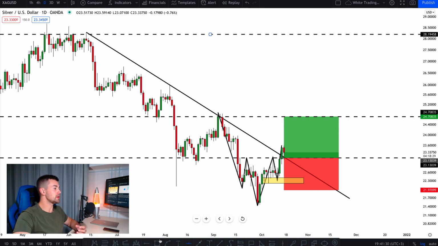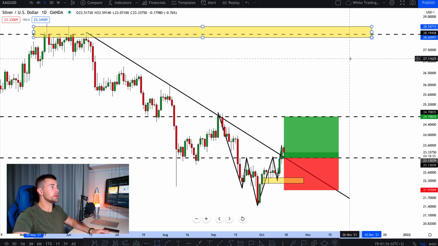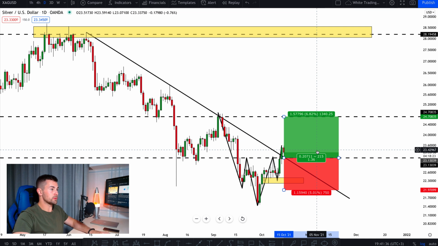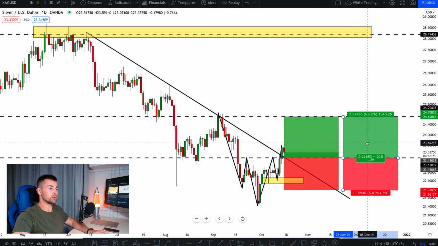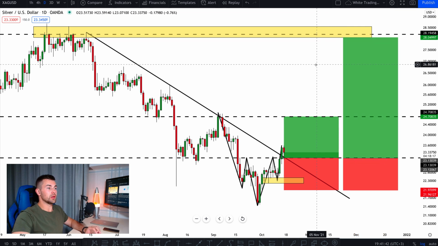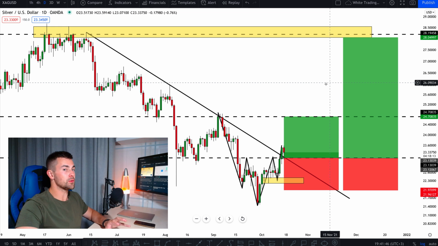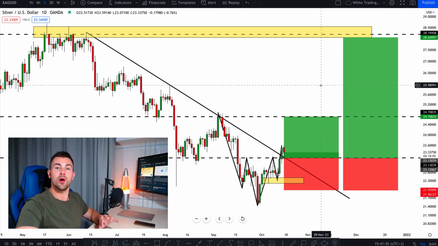Yes, that major structure cluster right here. And with that in mind, let's measure our risk to reward right here. What will be our risk to reward for the second target? It will be more than 4-1. Yes, and you can see that with such a risk to reward, we can catch a very nice winner right here.